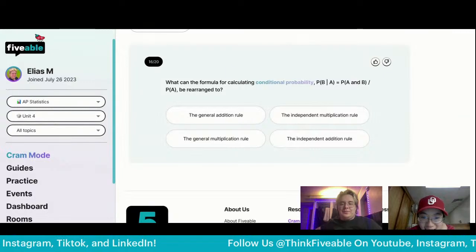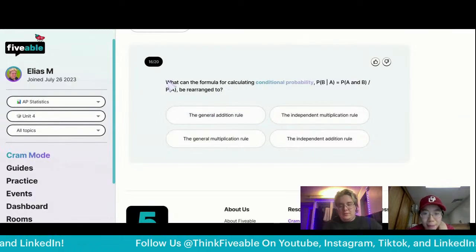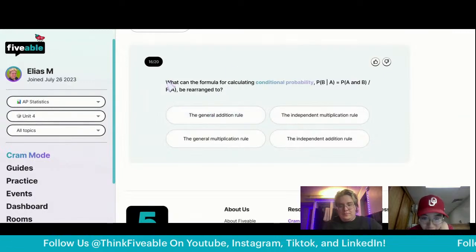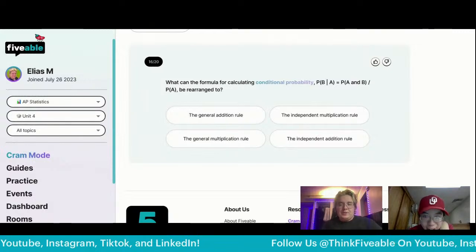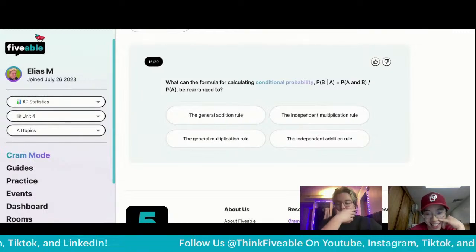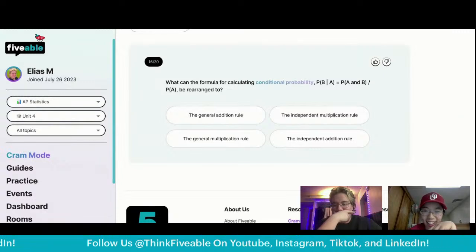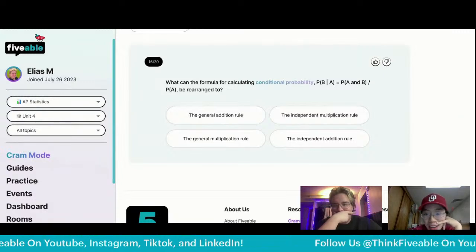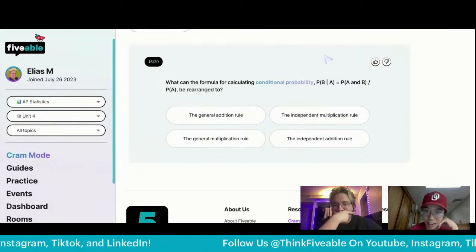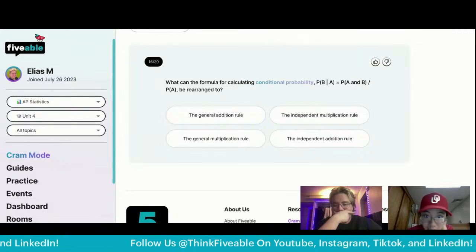I'm pretty sure it's not the general addition rule or the independent addition rule, though. I don't think it would be addition because you're working with division. Yeah, I'm 99% sure there is no addition involved in this. So it's either the independent multiplication rule or the general multiplication rule.